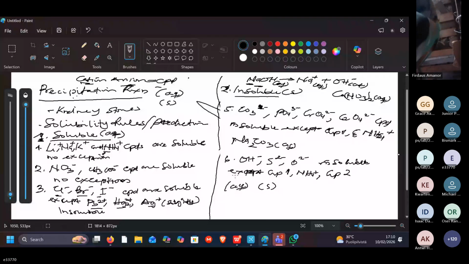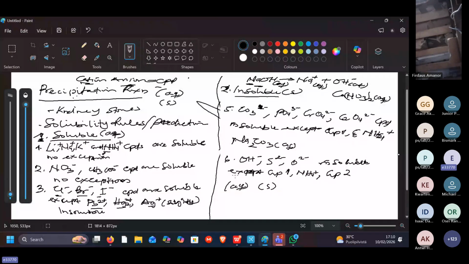Then we move on to the halides. The chlorides, bromides and iodides are also soluble, except when they meet with lead, mercury and silver. Then they become insoluble.